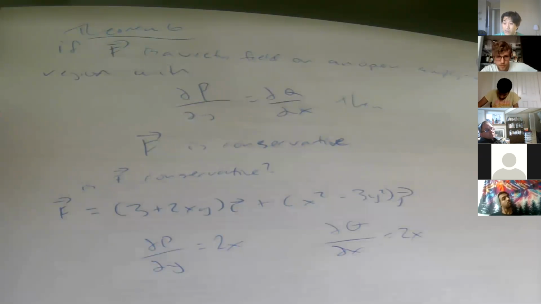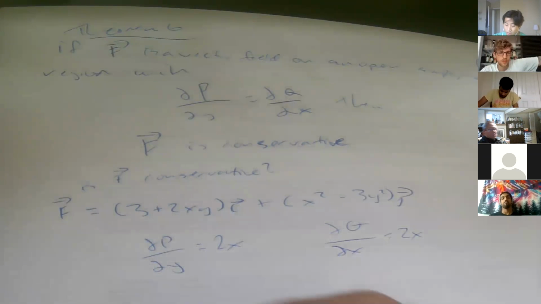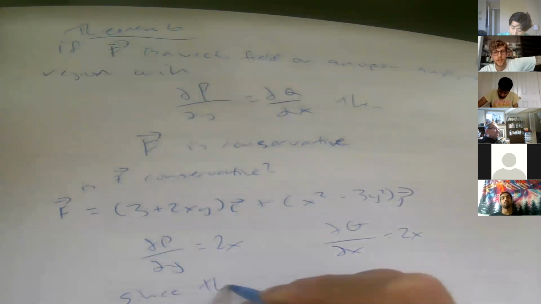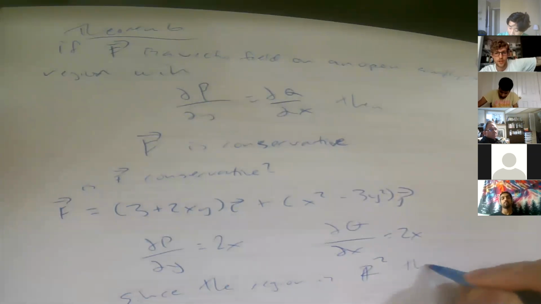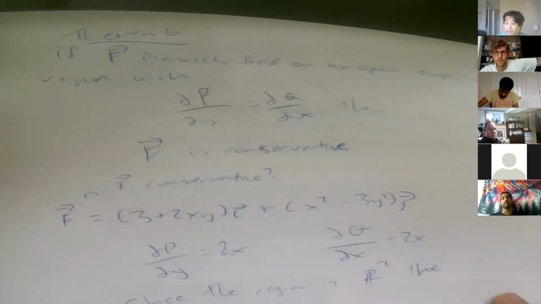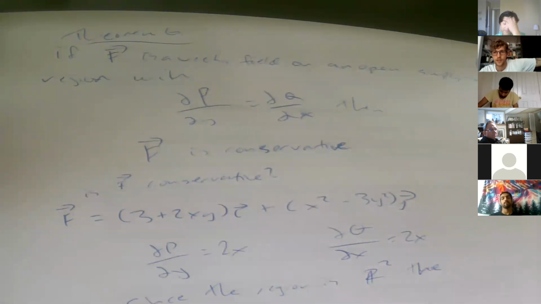Does that make sense? It's the nicest region we can think of. It's infinitely large, but it's infinitely nice. Sort of. So we talk about nice regions, but what if we just did all real numbers? That's perfectly fine.